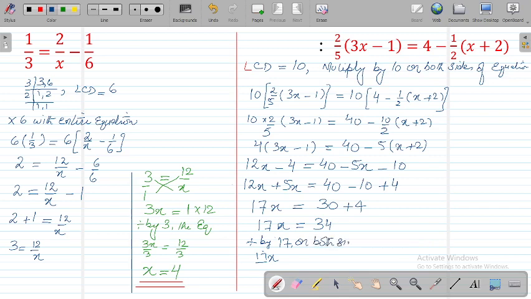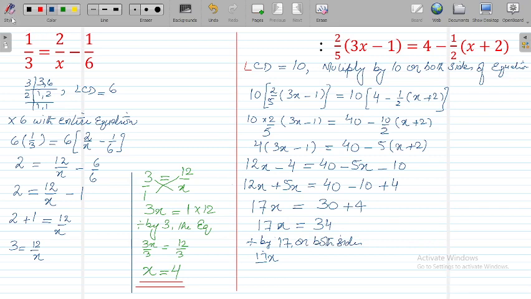Both sides. So what you will be getting now is 17x upon 17 is equal to 34 upon 17.